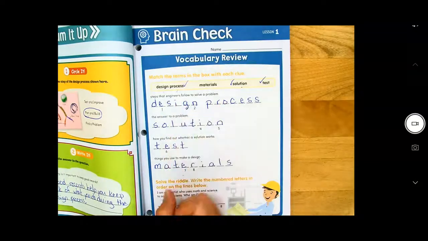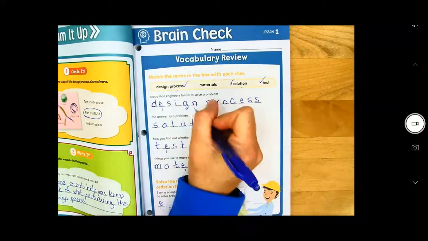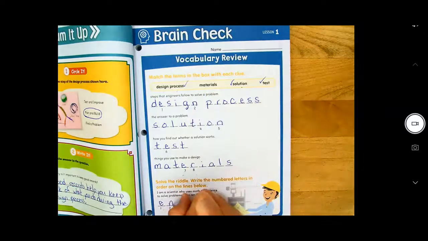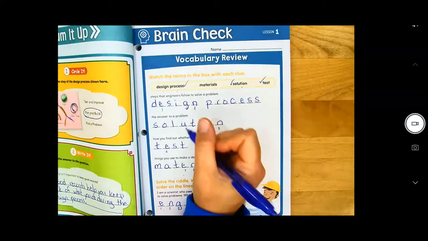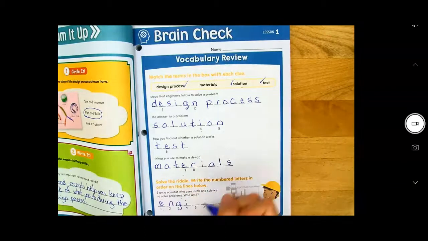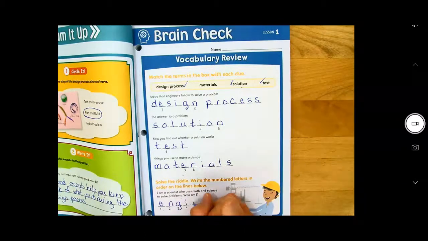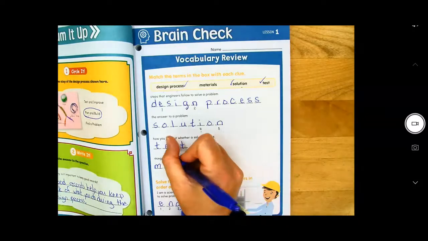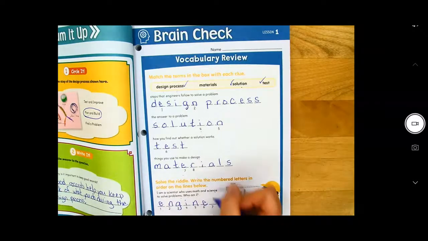Number 1 is E. Number 2 is N. 3, G. 4, I, 5, N, 6, E, 7, E, and 8, R. Who am I? An engineer.